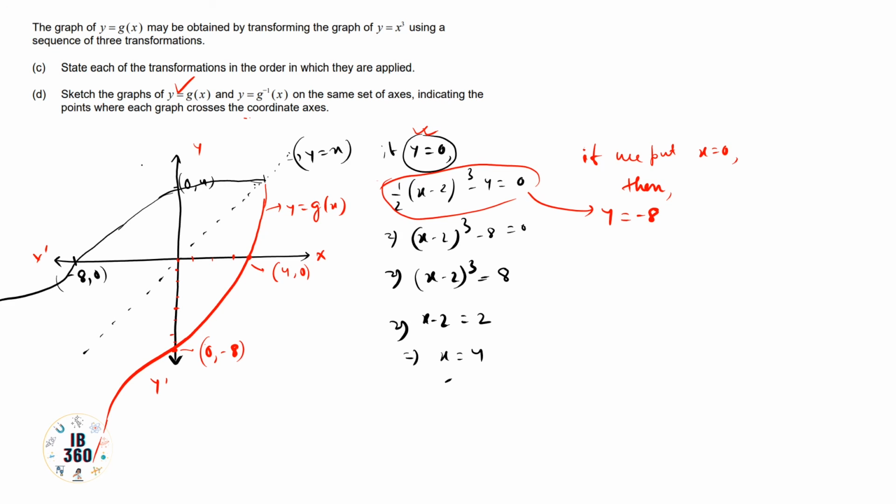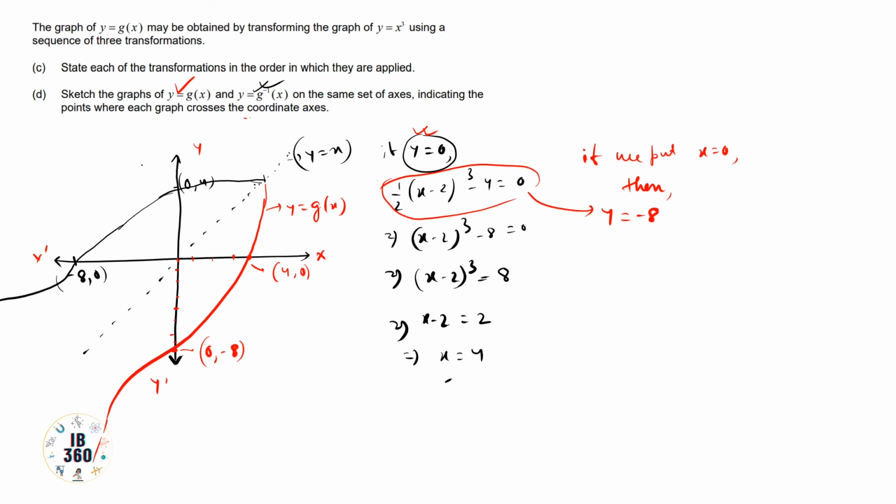As it is freehand drawing, but I think you have understood how we have constructed the g inverse of x. We just drew the line y equals x and drew the mirror image of this function about that line. In this way we have drawn the graph.